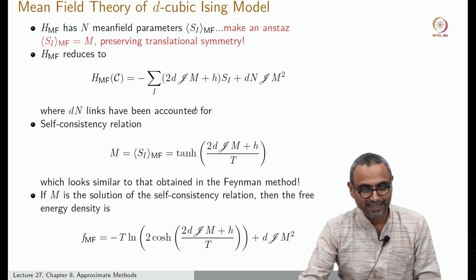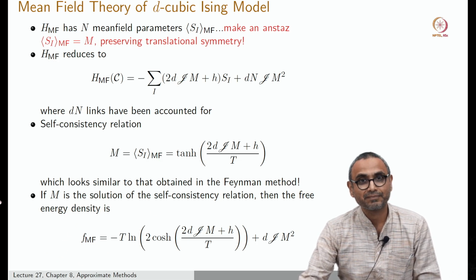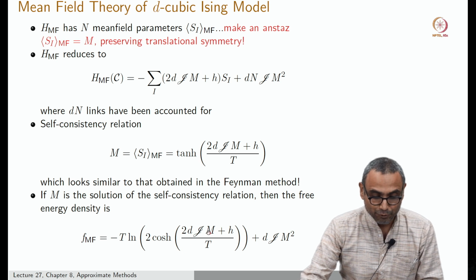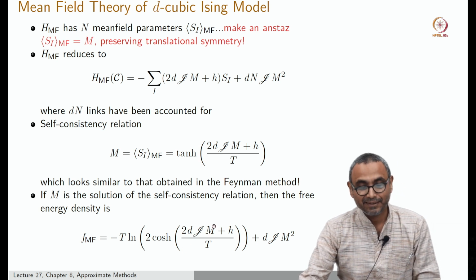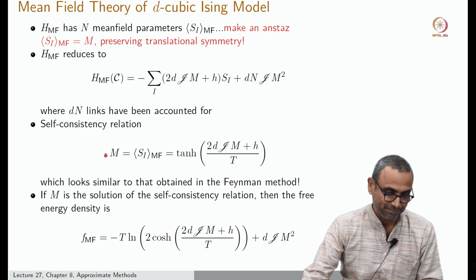I get a free energy density because everything will be proportional to n, correctly extensive, and I can divide it off. But for this I have to stick into this term the value corresponding to the solution of this self-consistency equation.